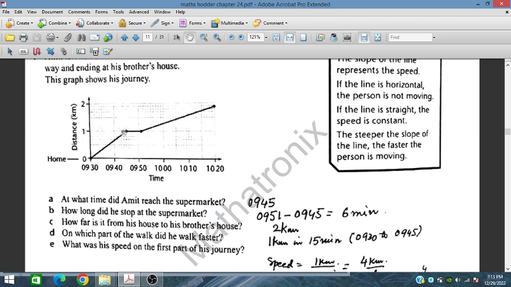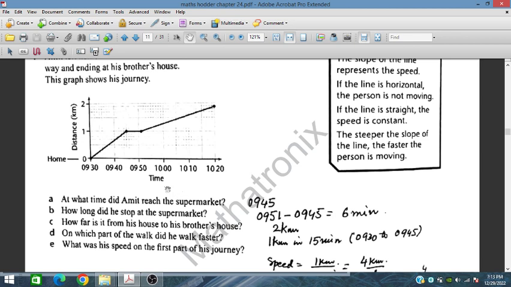So at 9:45 he reached the supermarket. And how long did he stop at the supermarket? He stopped from 9:45 until 9:51, that is 6 minutes. So he stayed there for 6 minutes.